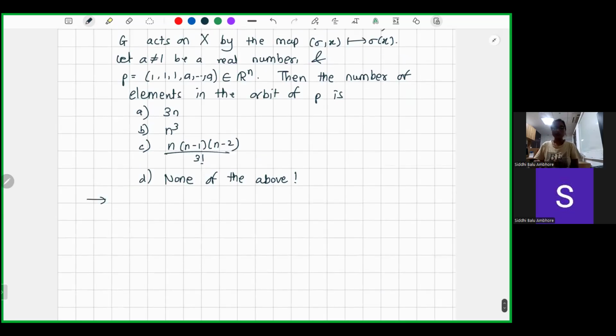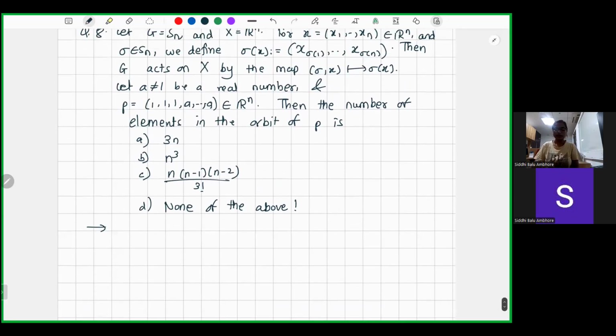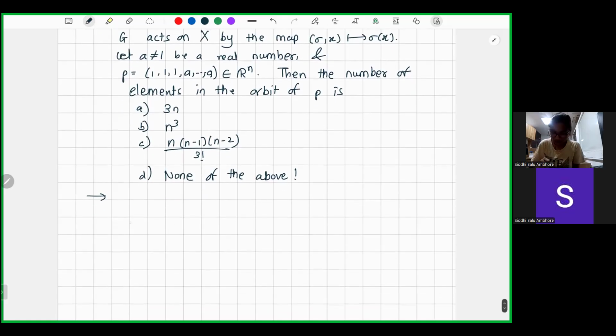So we have to just see what the orbit of P is: all those sigma P such that sigma belongs to Sn.